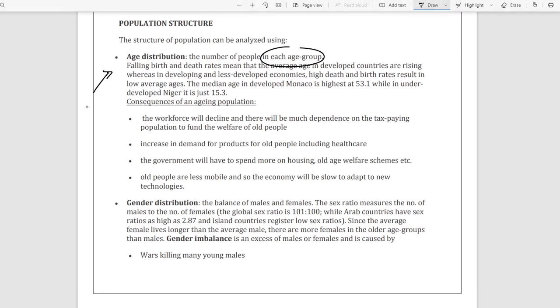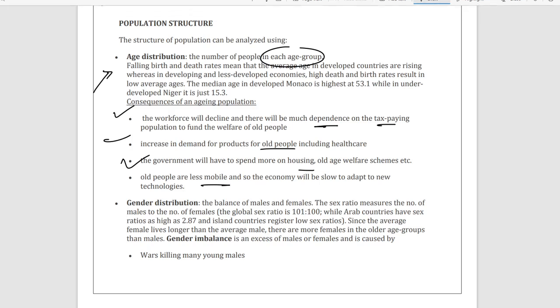What are the consequences? First of all, the workforce will decline, and hence there'll be too much dependence on the tax-paying population. The next one is an increase in demand for products for old people. The next one, the government will have to spend more on welfare schemes, pension schemes, and stuff like that. Old people are also less mobile, and will be slow to adapt to new technologies, which is a consequence again.